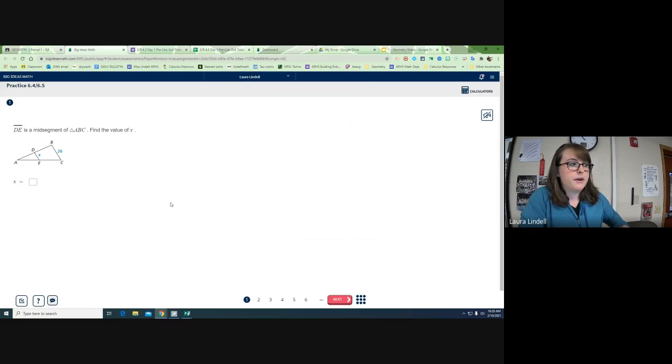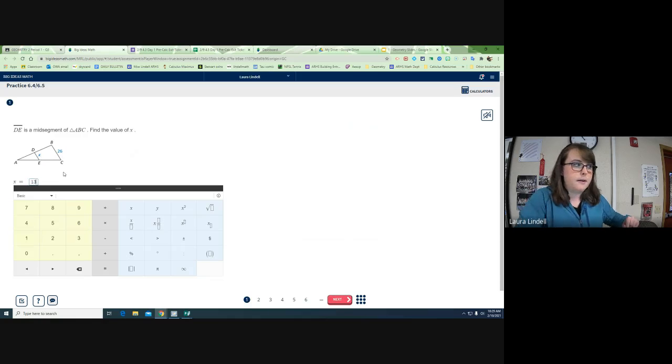All right, so like the first one. The first one says that DE is a mid segment of triangle ABC. Find the value of X. So remember, for mid segments, we have this relationship that this one is half of the side it's across from. So if this one is half, that means it's half of 26, which is 13.